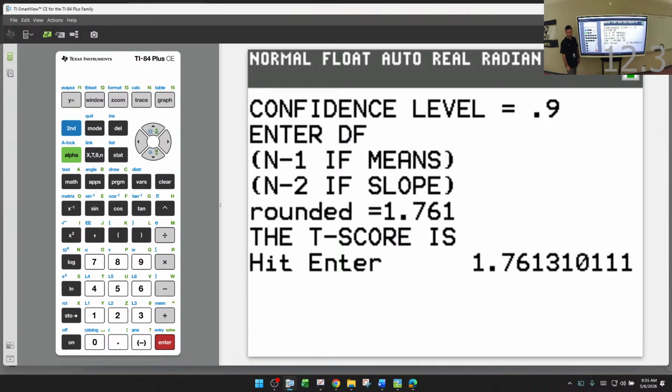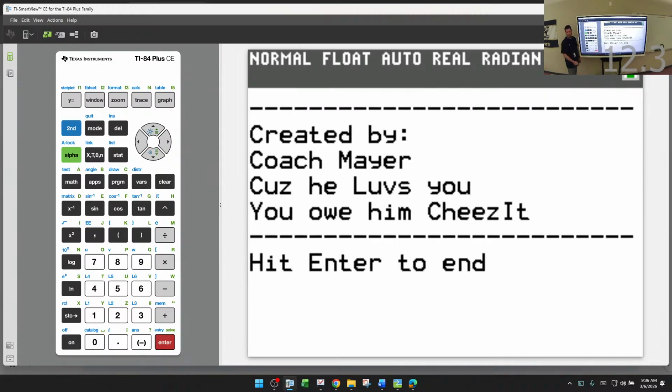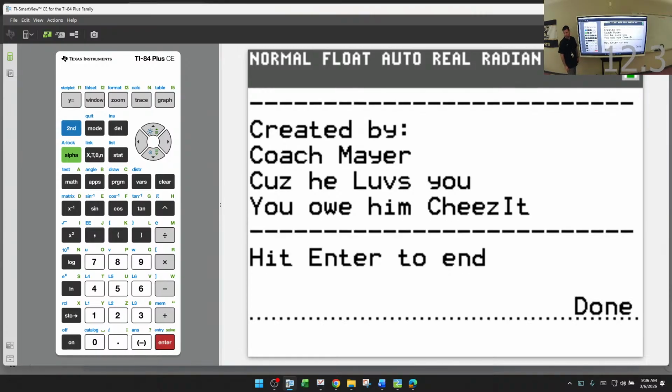It's not allowed. I cannot accept the hope. Just fail to reject it. However, he does love you, and you owe him some Cheez-Its. You're going to really owe him some Cheez-Its when I show you something else that may or may not be allowed on the AP exam.